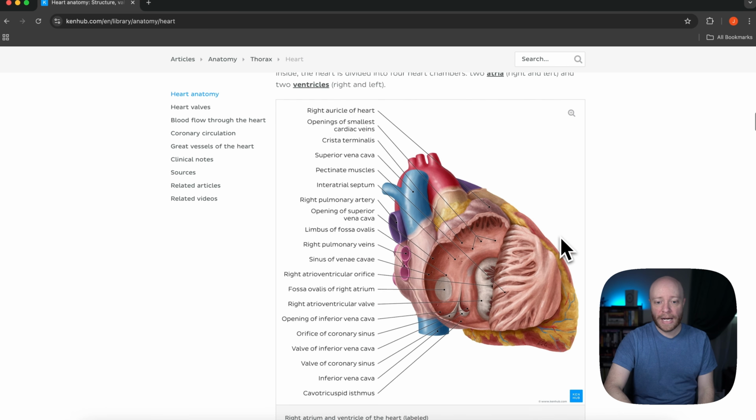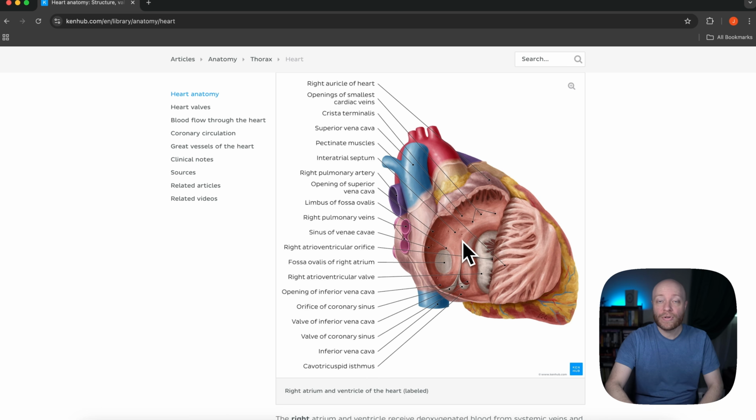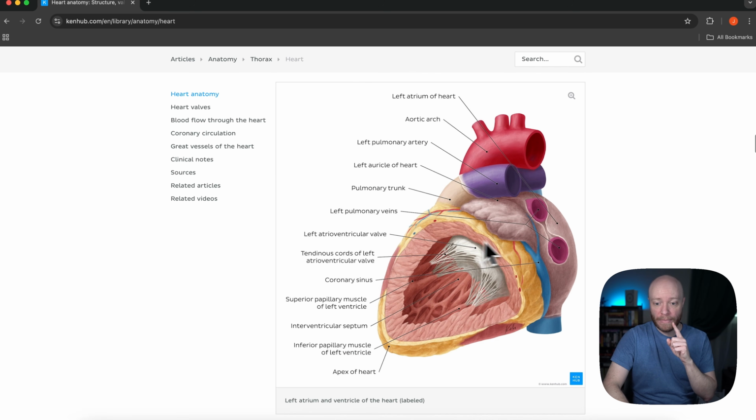So to go back up here, what's happening in the right atrium, again, is we're gathering all the deoxygenated blood from everywhere in the body. But the left atrium, which is this structure here, is gathering oxygenated blood that is returning from the lungs. So the lungs give all that blood oxygen, and then it's going to return in these structures called the pulmonary veins, and it's going to drop into that left atrium.